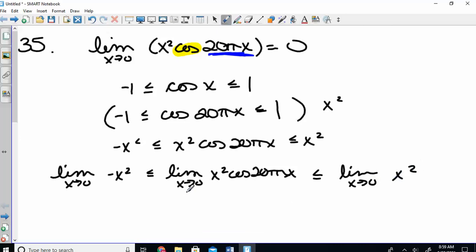Now, the idea is we don't have a limit law that tells us how to simplify that middle part, but we do have limit laws for these ends. We know if it's something to a power, we can just plug in, so we get 0 here and here.